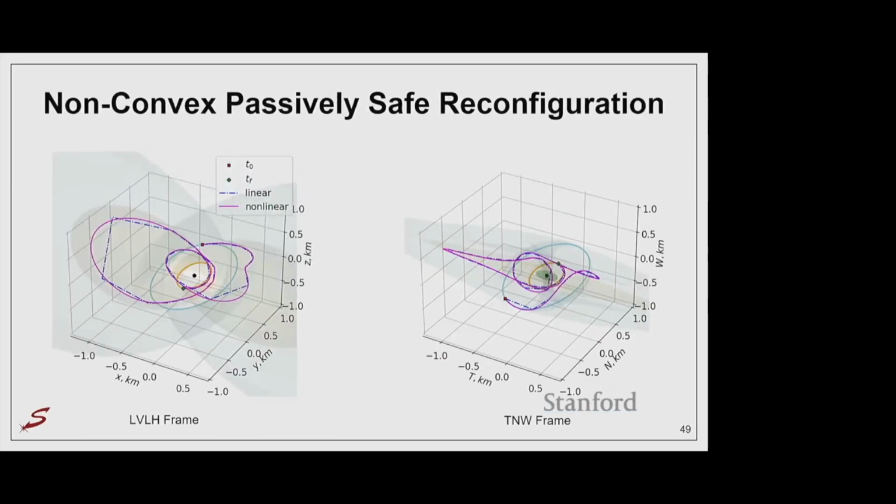Here's an example of a reconfiguration leveraging local toroidal coordinates that Yuji and I worked on, where we set up a non-convex problem with keep-out zones around the chief spacecraft.